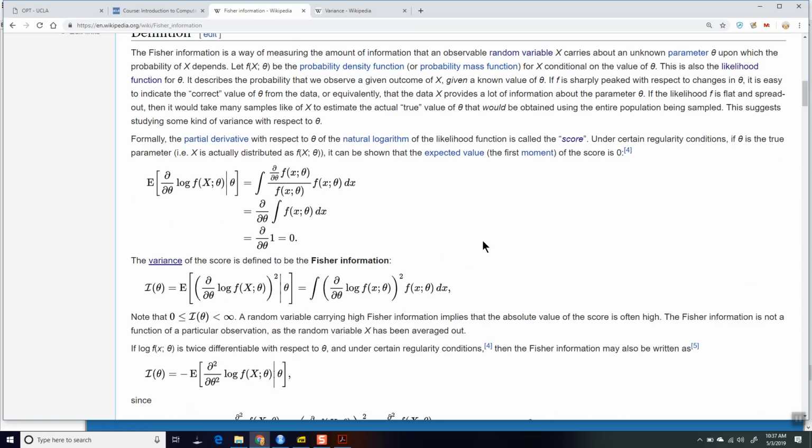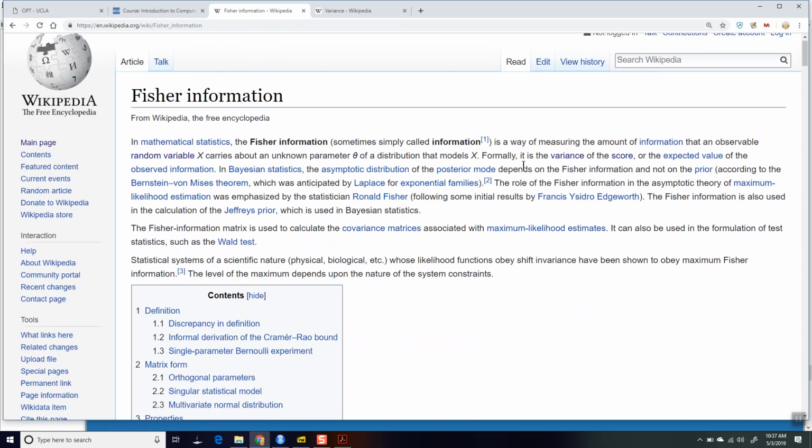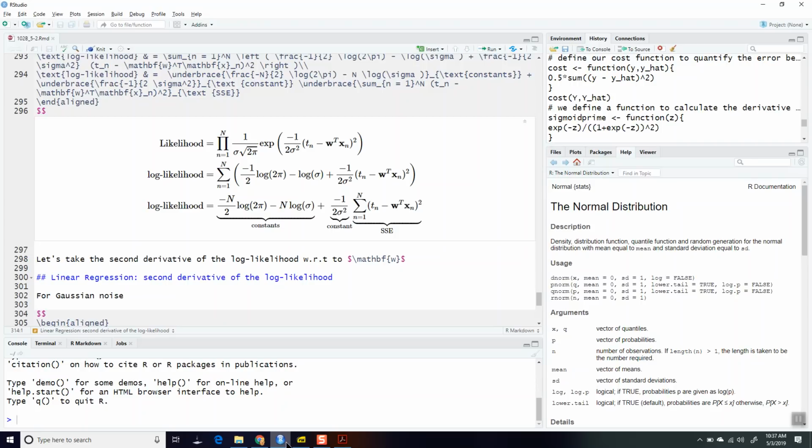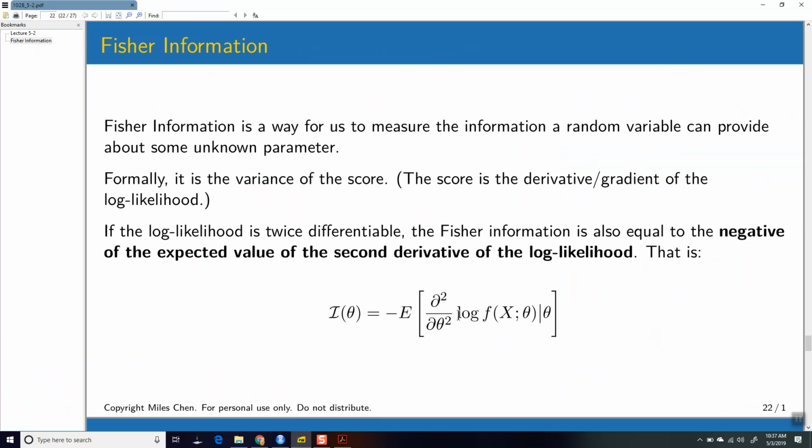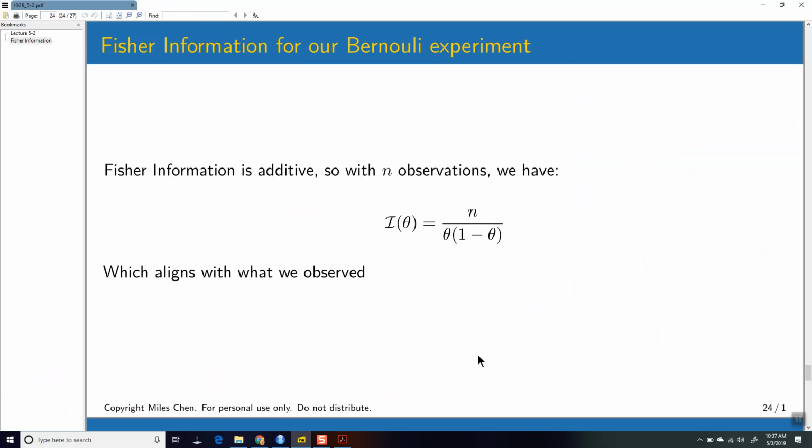The formal definition of the Fisher information is the variance of the score. I guess for me, intuitively, I like to think of it as the expected curvature of your log likelihood function, okay? Because for me, that makes a little bit more intuitive sense.